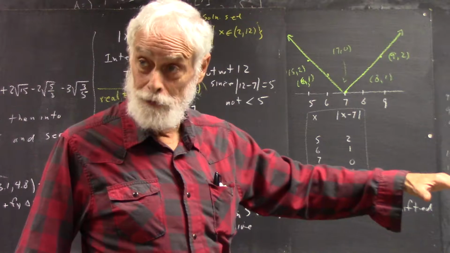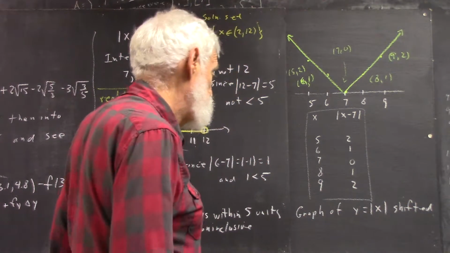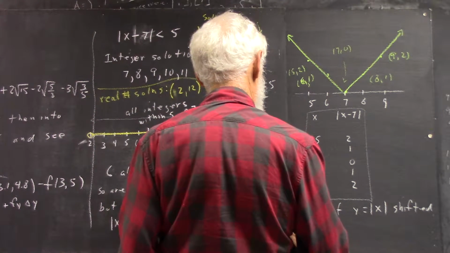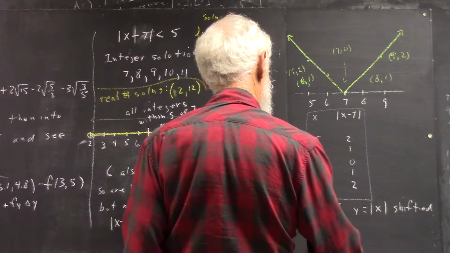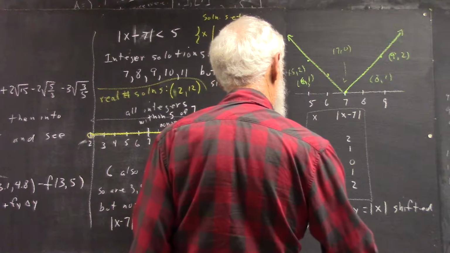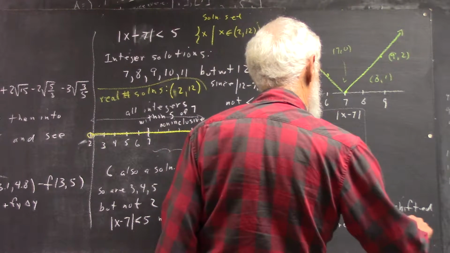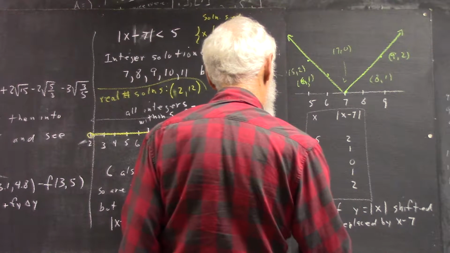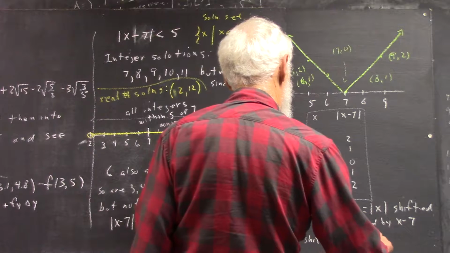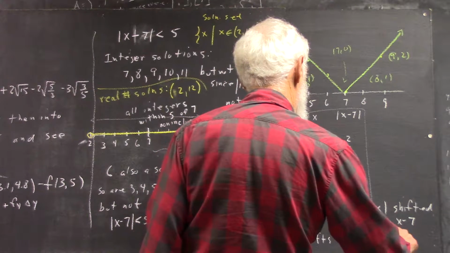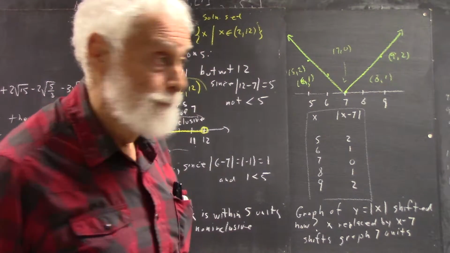And if you aren't, keep practicing, because at least you know what the rule is. So I'll say, shifted how? Well, x replaced by x minus 7 shifts the graph 7 units horizontally, right?